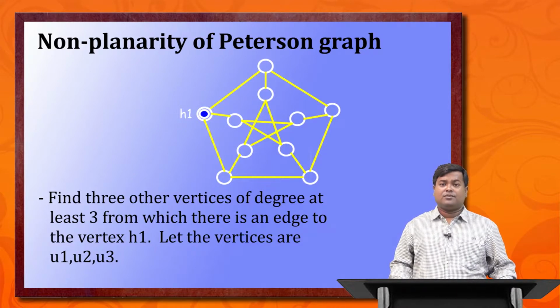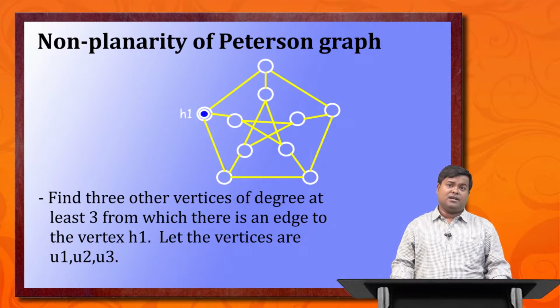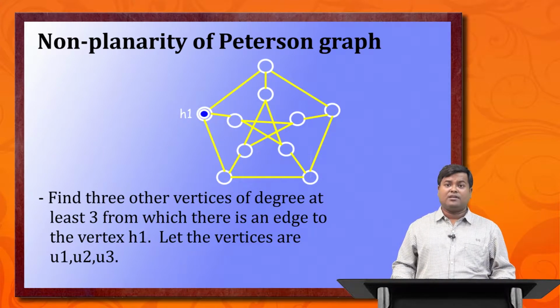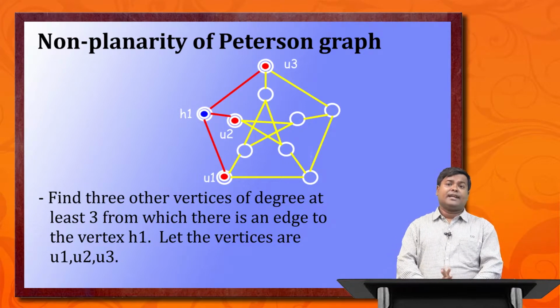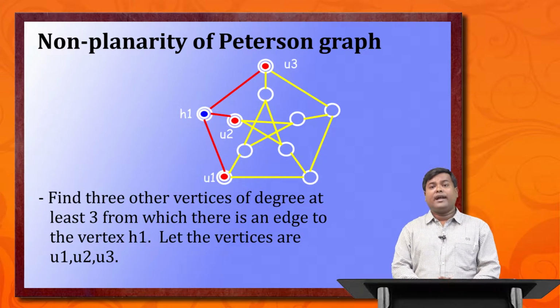Yes, there are 3 other vertices of degree 3 which can be reached from H1. Let the vertices be U1, U2 and U3. We have marked the edges from H1 to U1, U2 and U3 in red color.